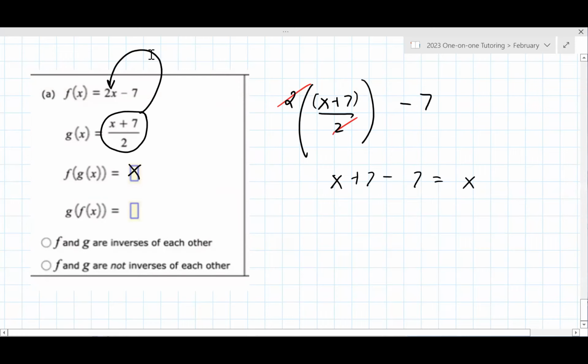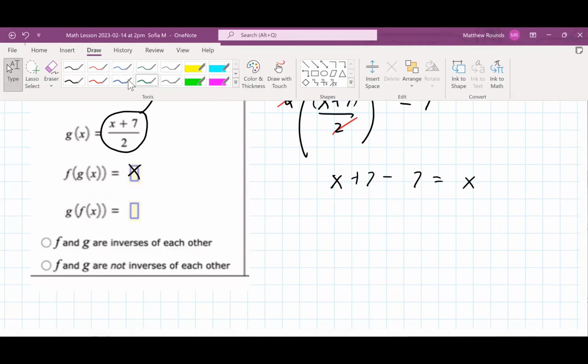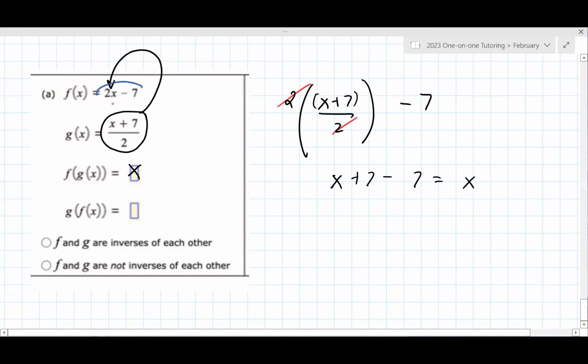So you want to be really, really careful here with that. So for this other one, you're taking this right here and you're putting it in for x. So in the numerator, 2x minus 7 plus 7 over 2, which ends up being 2x over 2, which equals x. So these apparently are inverses of each other.